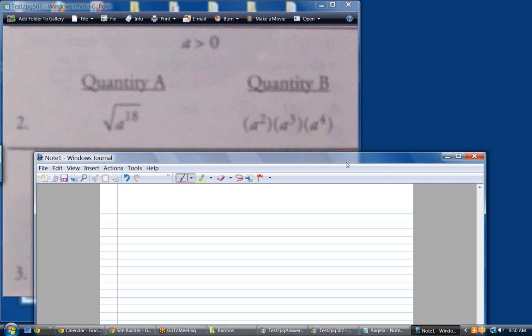And this one, they're going to be equal. Good. Because this is a to the 18 divided by 2. So this is a to the 9th, and this is a to the 9th.